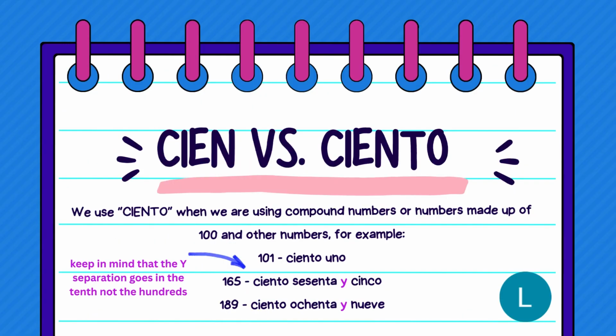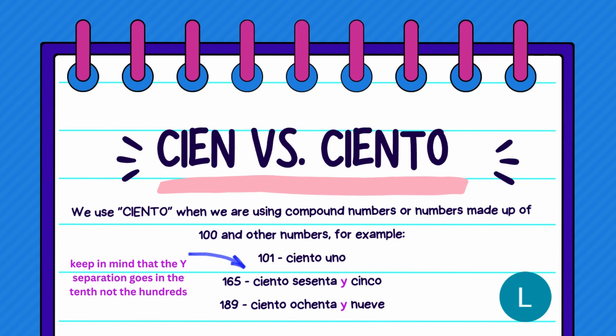Now we use ciento when we are using compound numbers, or numbers that are made up of 100 and other numbers, which is why a few seconds ago you heard me say cien, but then when I said 101, I changed that to ciento uno.